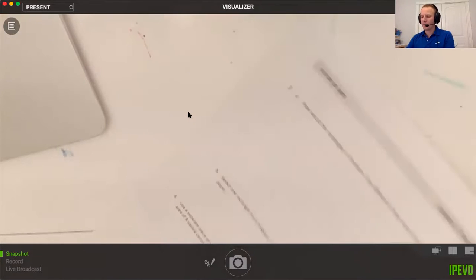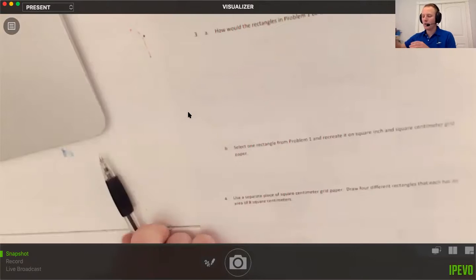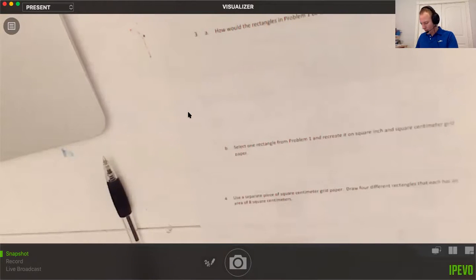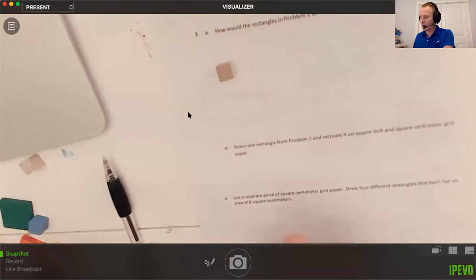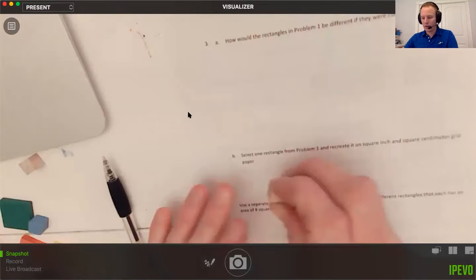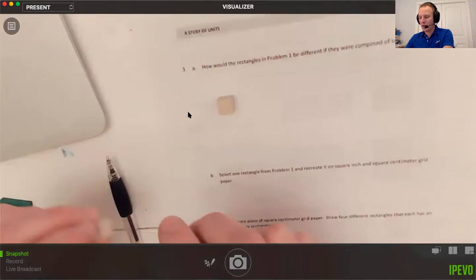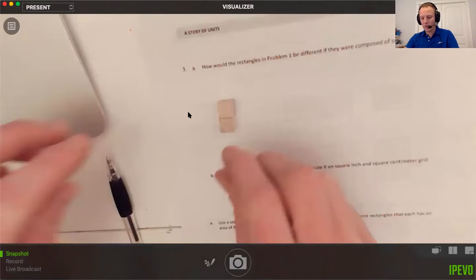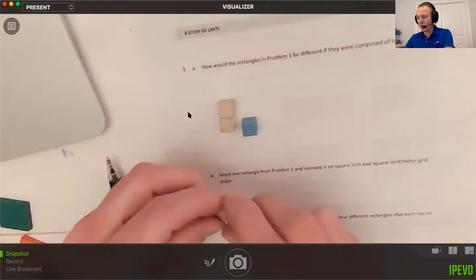So that's like saying, I had a 2 by 6. Let's build them. Let's find out. Maybe 2 by 6 isn't the best one to use. 2 by 3. That will get the point across. So I'll do a 2 by 3 array with centimeter tiles.